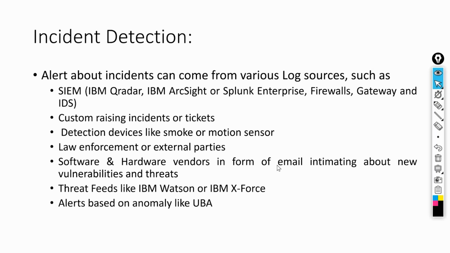In order to detect the incidents, we need to use detection devices like smoke or motion sensors. We need to have proper law enforcement and external parties. Any live example of law enforcement?